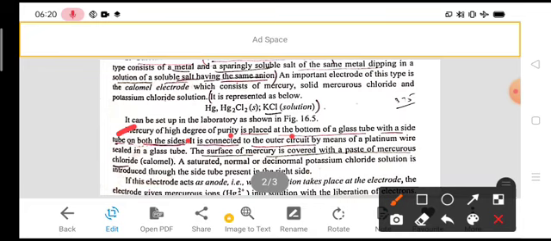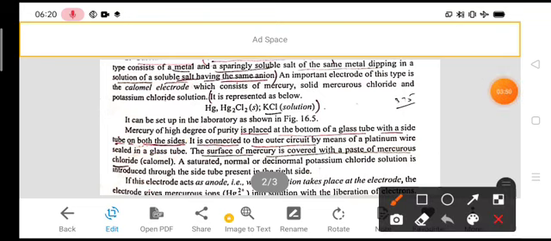It is connected to the outer circuit by means of a platinum wire sealed in a glass tube.